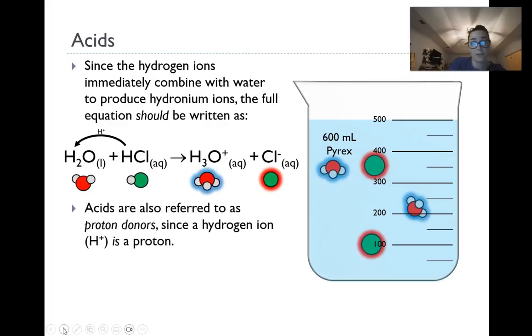So again, acids are referred to as proton donors, because remember H plus is only a proton. Hydrogen has one electron and one proton, so if it gives away its electron, all it is is a proton. So acids are proton donors. Remember the structure of the hydrogen atom right here. And then if it gives away its electron, it is just the proton in the middle.